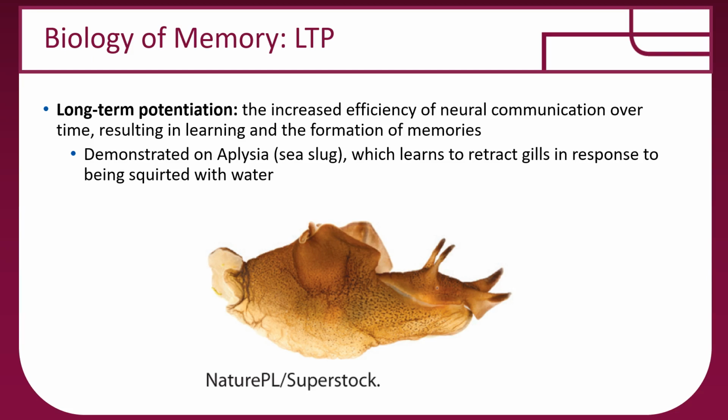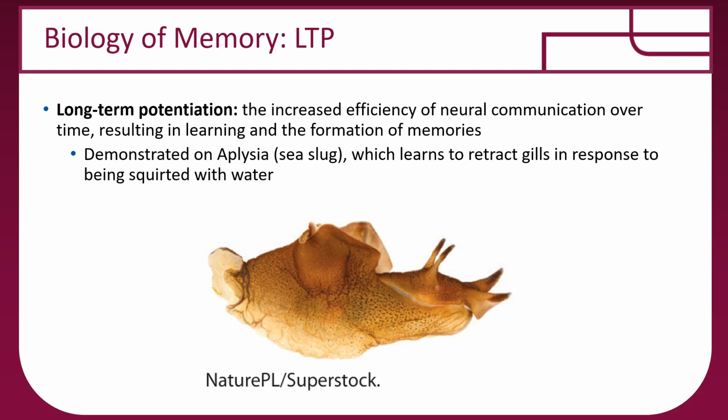In terms of the biology of memory as well, there's research on what's called long-term potentiation. Long-term potentiation seems to be what happens in the brain at the neuron level to allow us to remember things. Again, all of our memories have to reside somewhere in our neurons, in our brains.